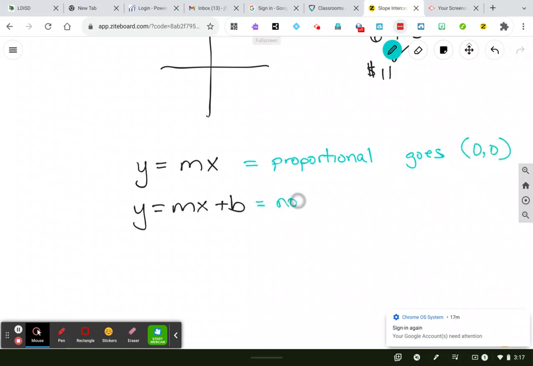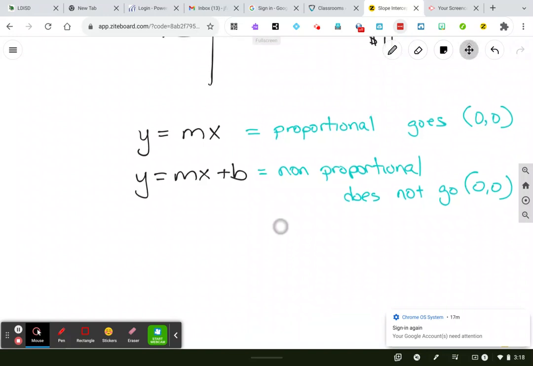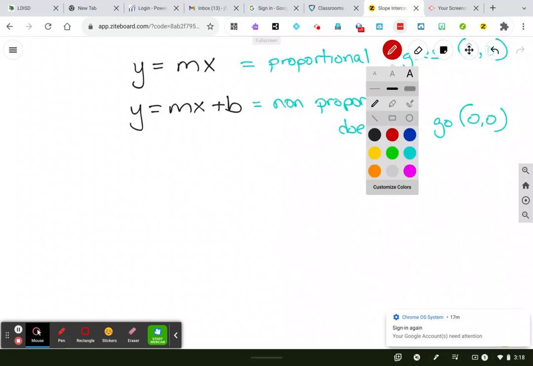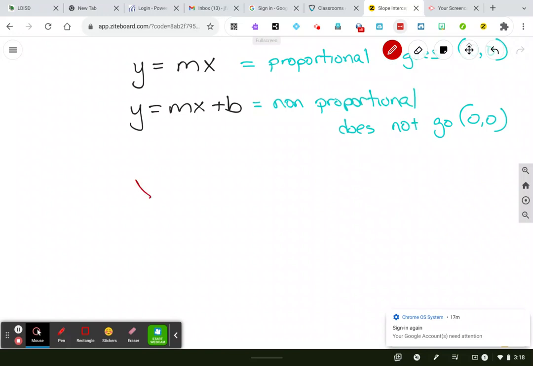This one is non-proportional and it does not go through 0, 0. Let's go ahead and label this. Write this in your journal.